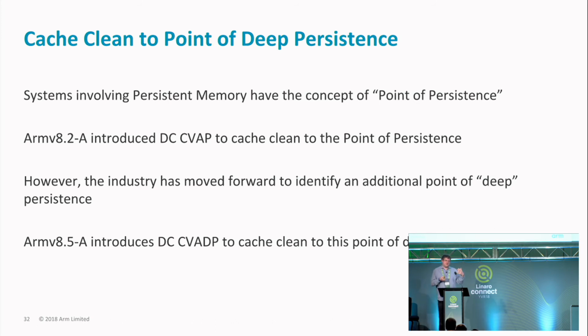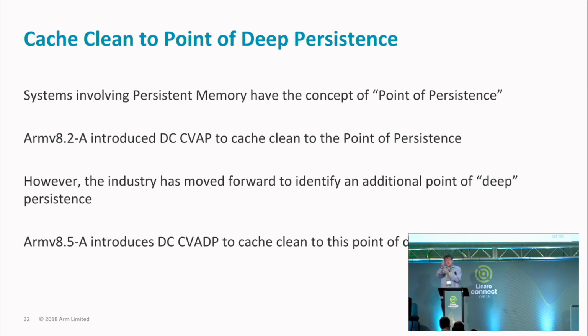But we've noticed, talking to the storage industry, that they've moved forward to actually identify 2 points of persistence. There's the point of persistence, which is basically the point at which memory might not be completely persistent, but there's enough energy left in the system that if you pull the plug out, that remaining energy will push all that data into your persistent memory.